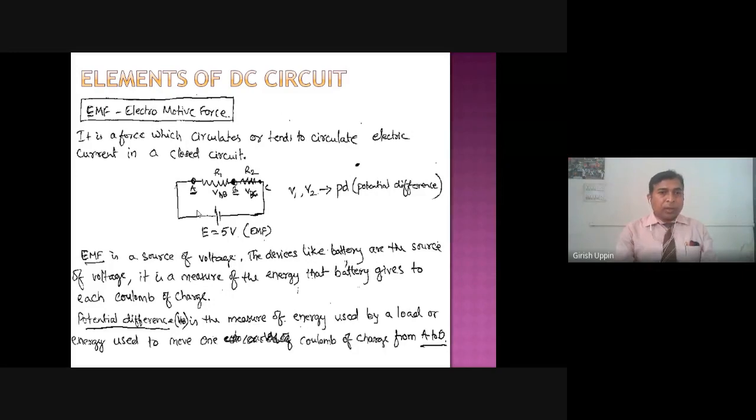And what is electromotive force? It is the force which will make the current tend to flow. It means it will try to circulate the current in the closed loop. So a closed loop should be there. In this example, we have two resistors connected to an electrical EMF source or the voltage source of 5 volt.